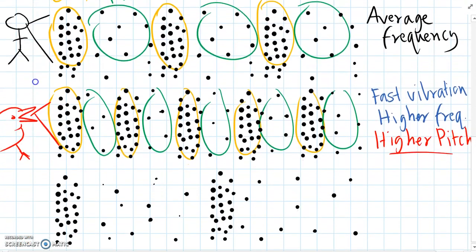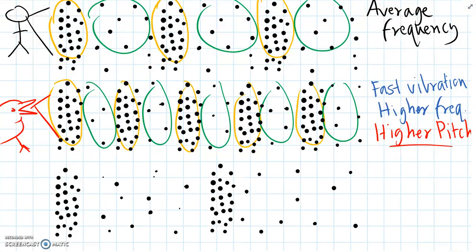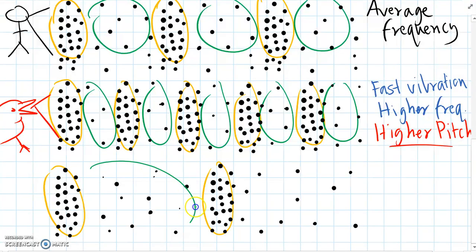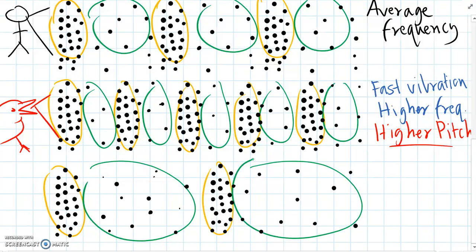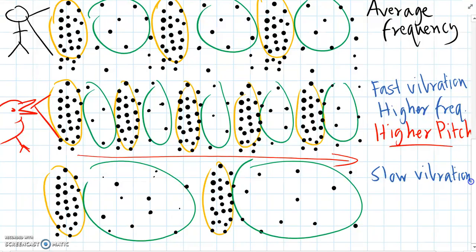Okay, a third example now. In this case, we have fewer compressions and fewer rarefactions being made every second. So whatever is vibrating in this case, as the sound moves along, must be vibrating slower than the other two examples. So this one has slow vibration, and that means the frequency of the sound wave is also slow.